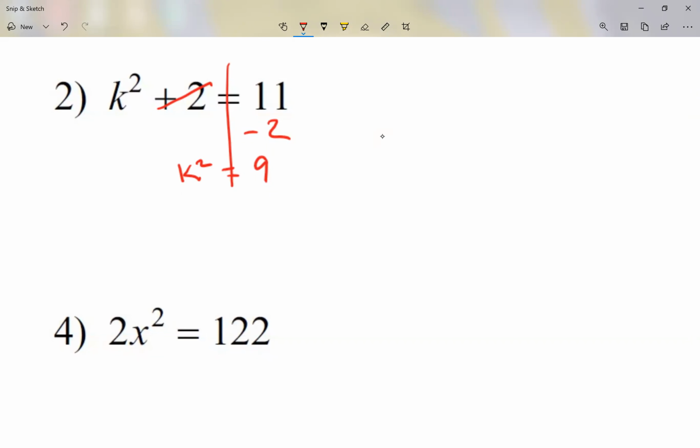I want k by itself, not k squared. So the way I'm going to undo an exponent is with a radical, which we're going to call square root. So k is equal to the square root of 9.